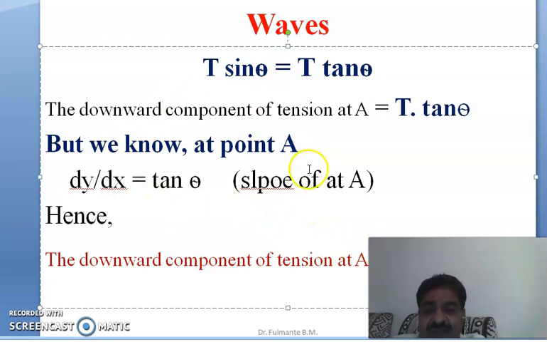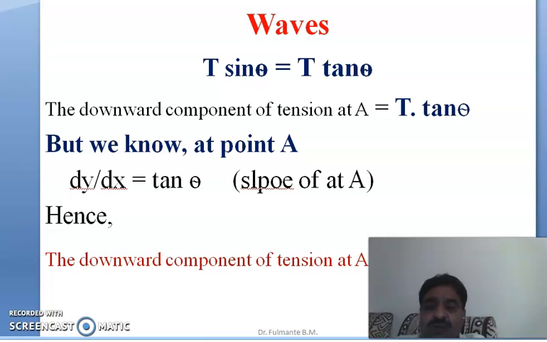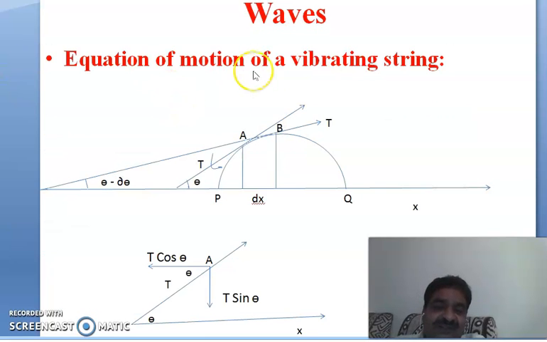In the same way, we have to discuss the tension at B, the upward tension at B. B is pulled up. The upward tension at B we again have to resolve into two components, horizontal and vertical, the horizontal component of tension T at B and the vertical component of tension at B.